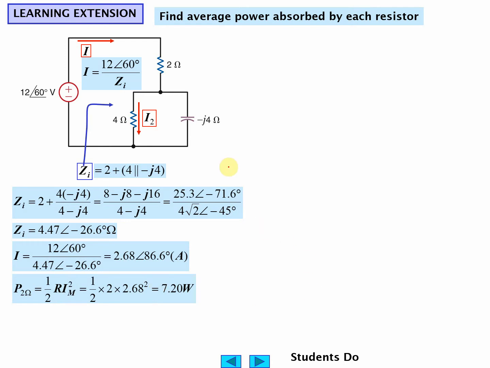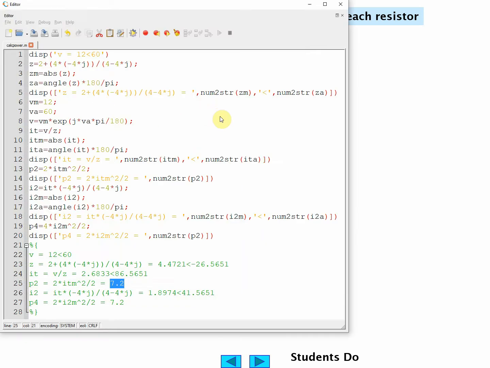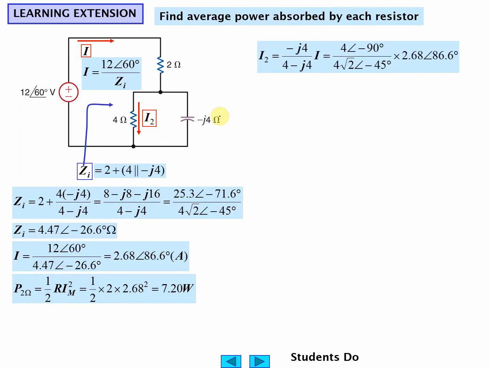Now, to get this part, we need I2. Let's see, editor, go back. There we go, okay. They're using a current divider. That is, this impedance divided by the sum of these two gives you a current divider. So you can get I2 from the total current, and you get these complex numbers.